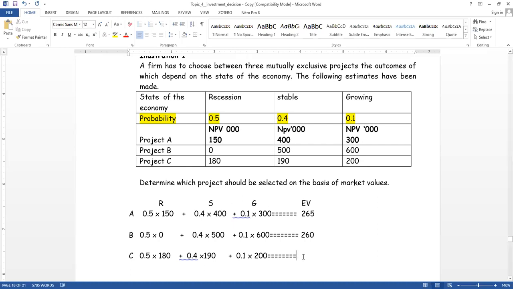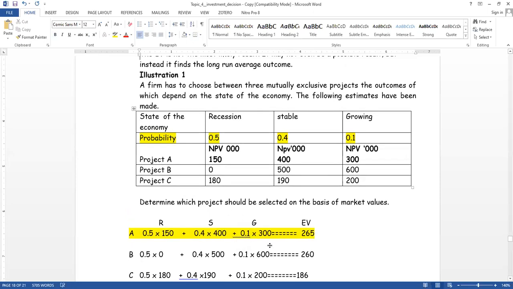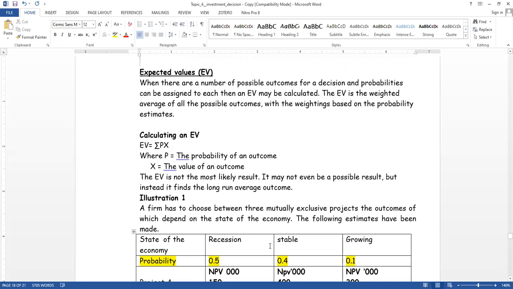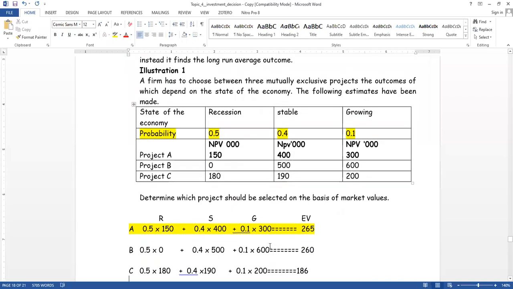Then C, 186. So if I'm going to base on the expected values, of course, I will take project A. So I will select project A on the basis of the expected value, because the project which has got a higher EV is what I will undertake.